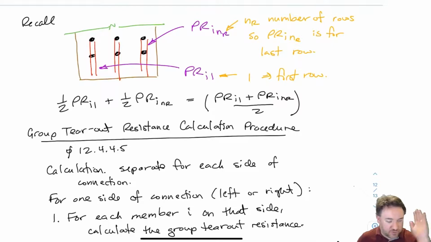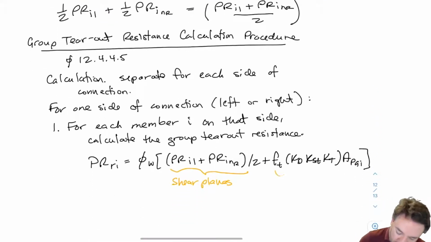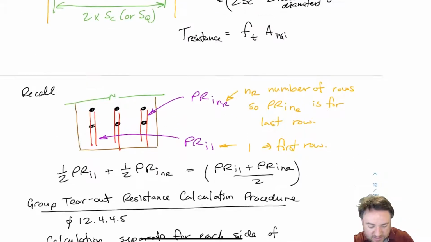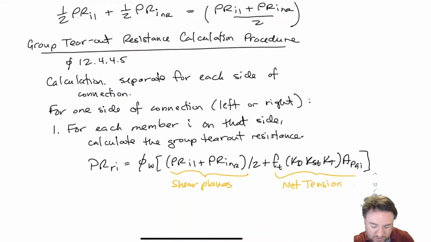So it's half the row shear of the first row, half the row shear of the nth row, like the final row. And so that's how we get that. And then this bit here is our net tension, right? Where APGI is our net area between the first and the last rows, taking into account, of course, the bolt holes. So it's basically the area across those thick orange lines right there, as we already talked about. Okay, so it totally makes sense.